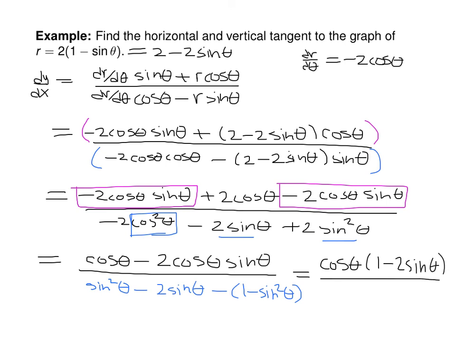In the denominator, I will have 2 sine squared theta minus, oopsies, this should have been just plain old sine theta because I divided by 2, so that 2 should not be there. Let's get rid of it. Minus sine of theta minus 1.